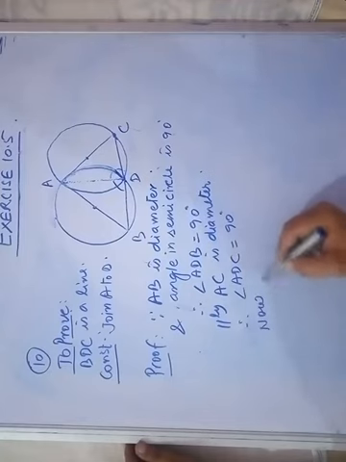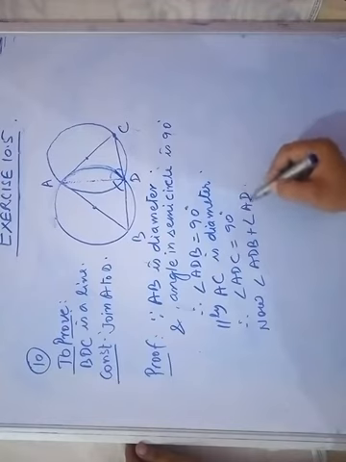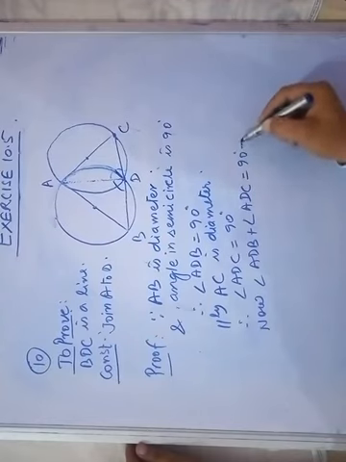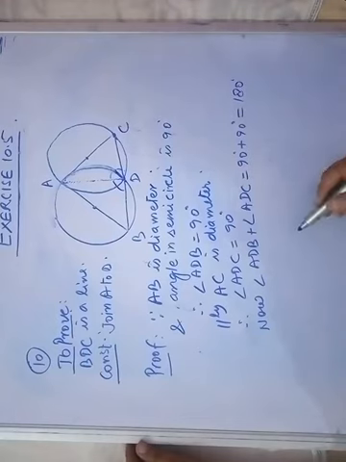Now angle ADB plus angle ADC equal to 90 plus 90, that is 180.